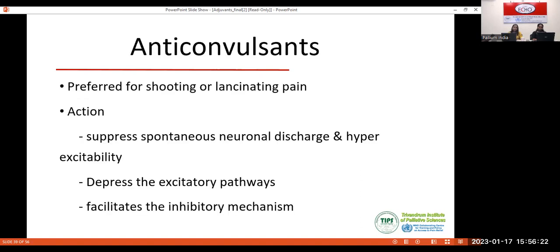Anticonvulsants. Any example for anticonvulsants that you have seen? Yes, Eptoin is an anticonvulsant. Yes, Mehboob.